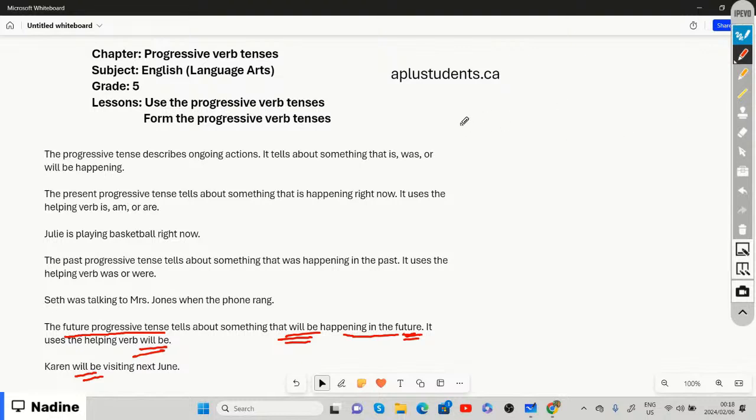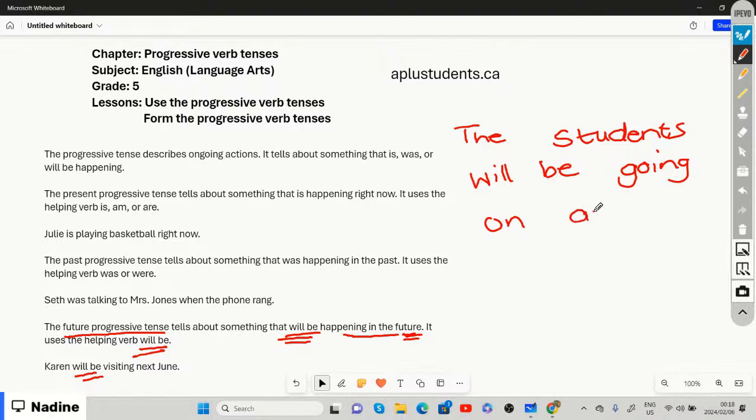Or we can say, the students will be going on an excursion. It's like a school trip, right?